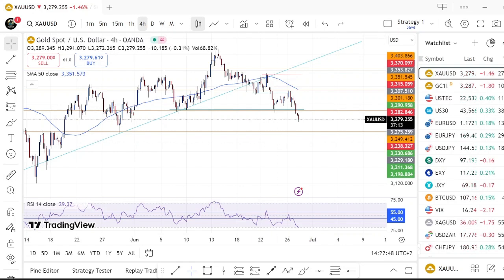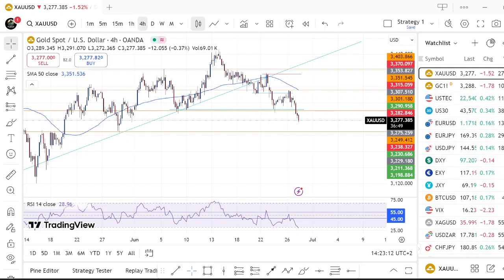Starting with the gold charts, we can see that gold continues its retracement to the downside with steady bearish momentum, showing signs of consolidation in certain areas, but for the most part, continuing the bearish trend into this week. Price is currently sitting at 3,278 after opening the week at 3,358.